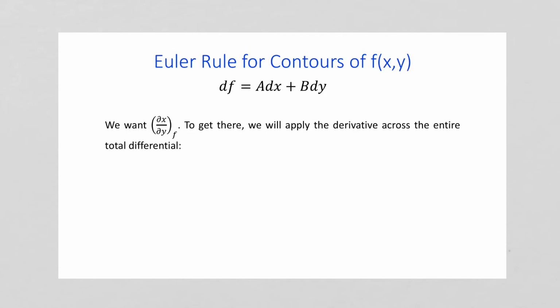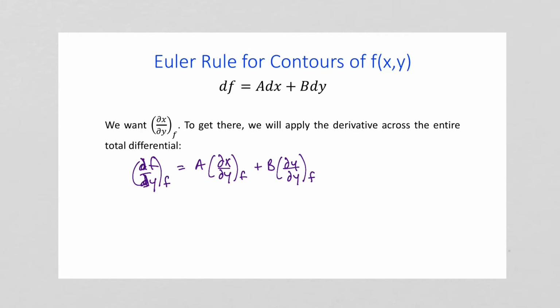So we want to have df dy at constant f equals a dx dy at constant f plus b dy dy at constant f. And these are partial derivatives, just to be clear.